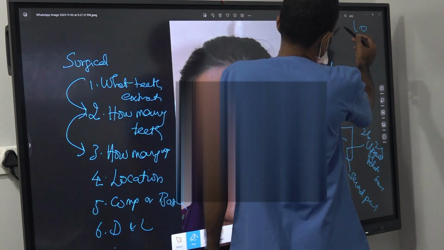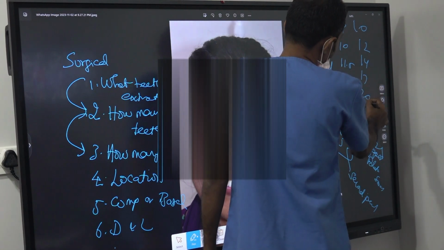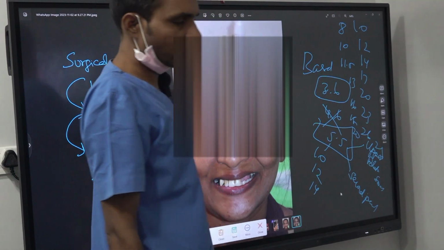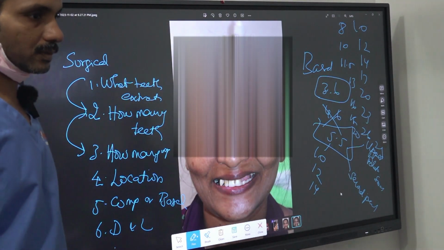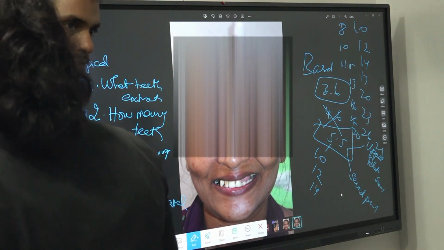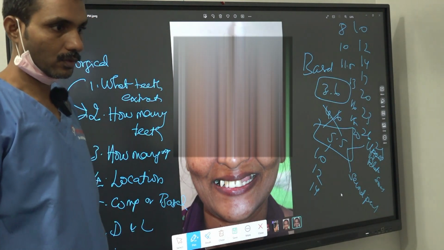Compression I will write here itself: 8, 10, 11.5, 13, 16, 18, 20, that's it. Of course, this varies a little between companies. You can see how wide the 5.5 is. Even 6.5 and 7.5 are given in the catalog, but they are not used.